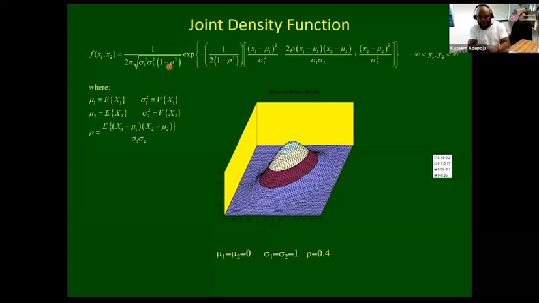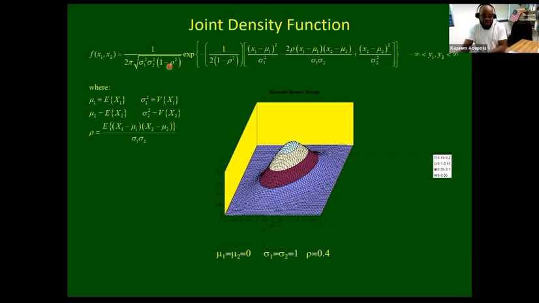The covariance will tell us the direction of the relationship, how closely they change together, but it's not going to tell us the magnitude of the relationship. From the covariance, we can go to the correlation, because when you standardize covariance, you get correlation.